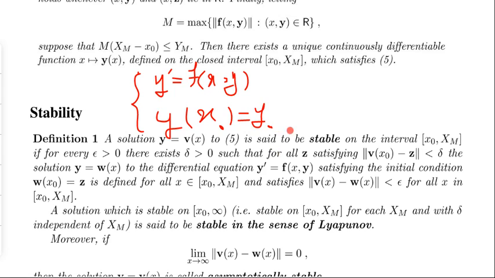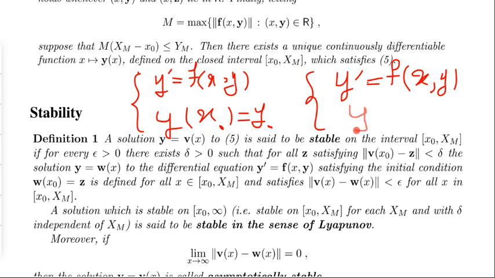Now, in this definition, we define a new problem: y prime equals f of x and y, subject to this initial condition, y at x naught equals z.